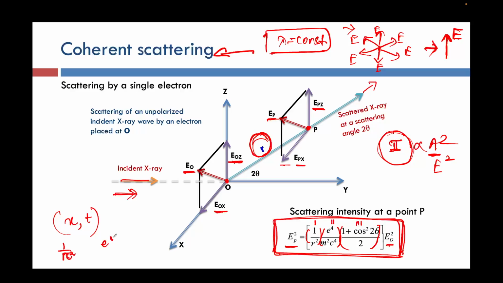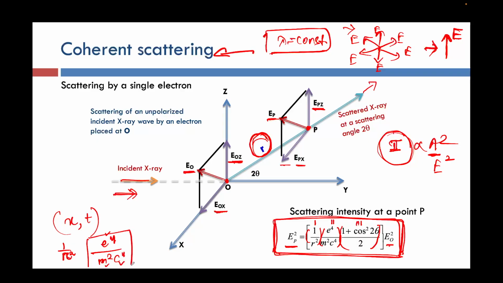Similarly, e to the power 4 by m square c4: e is the charge of the electron, c is the velocity of light, and m will be the mass of the scattering center. So here mostly the scattering center will be an electron. Why it is an electron, we will see.